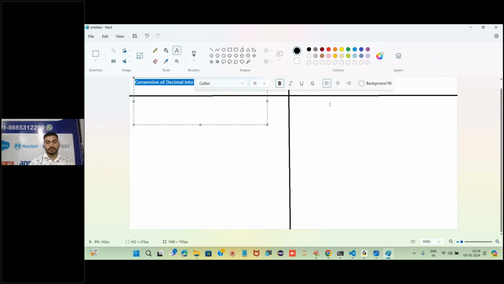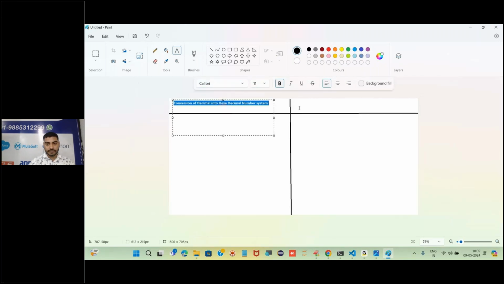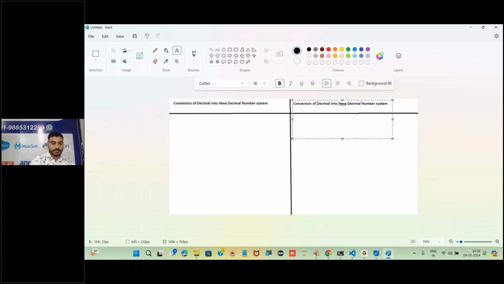Similarly, copy it, paste it here. Tell me, conversion of hexadecimal into decimal. And I'll tell you how we can do it. It is really simple to crack it.